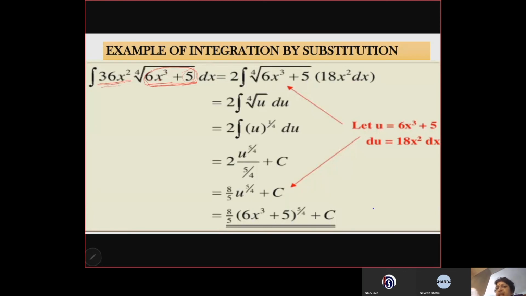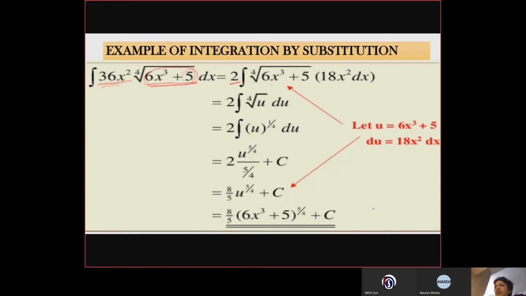That's okay. Let me take 2 common, because 2 into 18 is 36, right? Or I can say I multiply and divide by 18. 36 by 18 is 2. So the question reduces to 2 times the integral of the 4th root of (6x³ + 5) into 18x² dx.